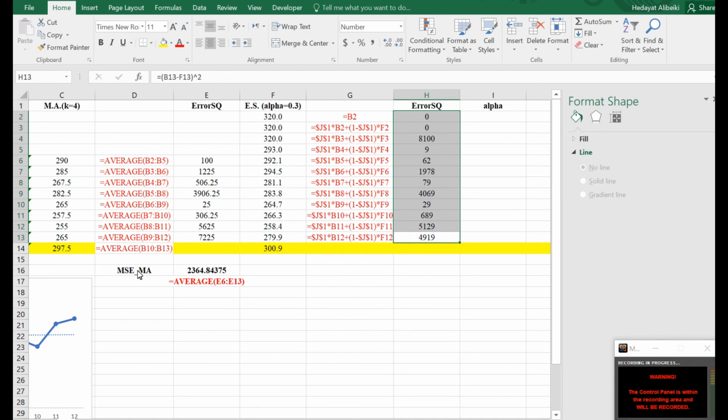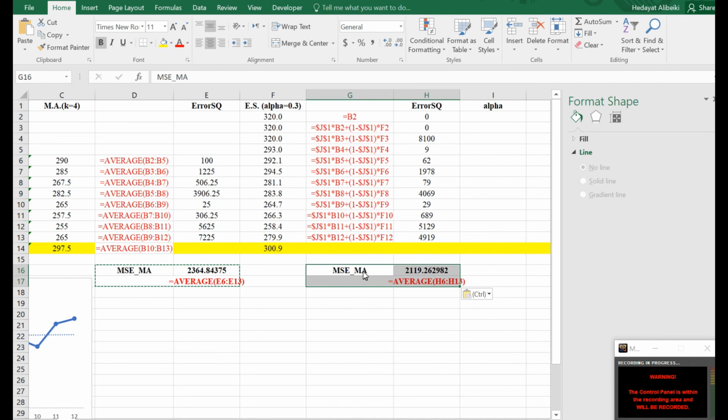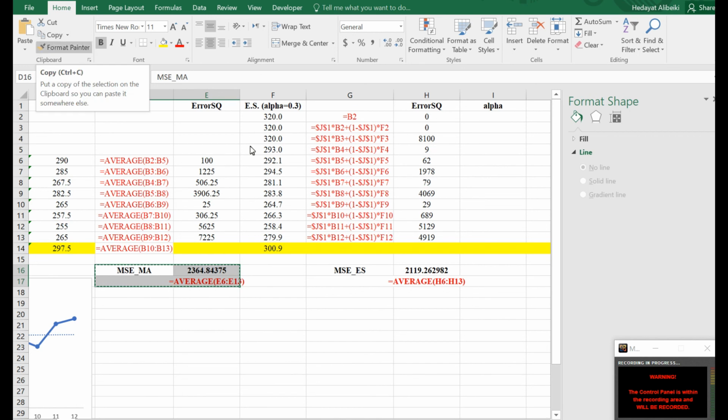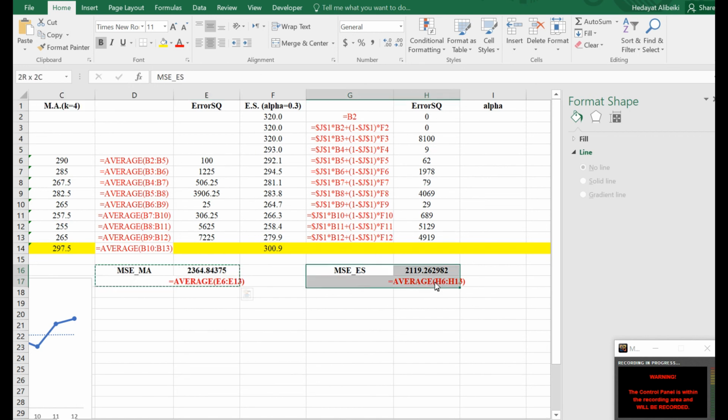So now, MSE for exponential smoothing. I just copy the formula and put it here, then update it. What I did was select these 4 cells, Control C, copy from here, and then select these same 4 corresponding cells for exponential smoothing this time, and paste formulas.